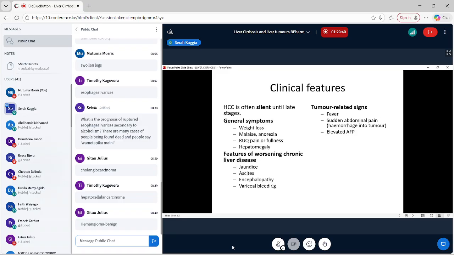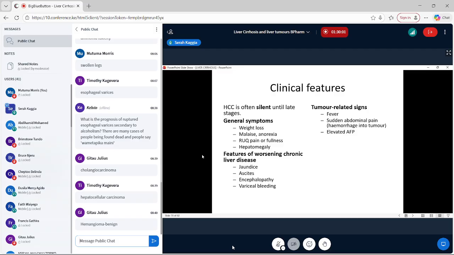So clinical features, many times when it's tiny, it will be silent, no presentation. Then general symptoms, they'll have weight loss, of course, tumor cachexia. They'll have malaise, anorexia. They may have pain in the right upper quadrant where the liver is situated.